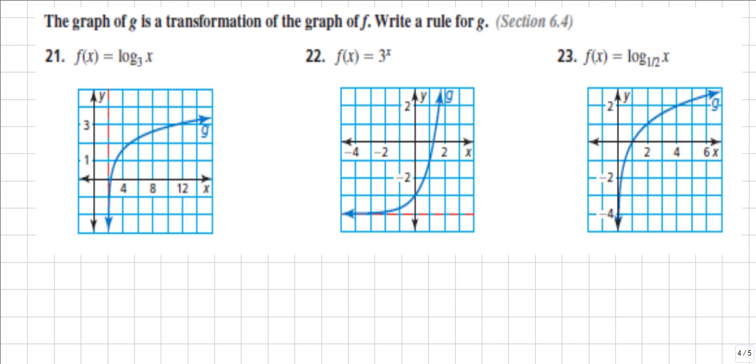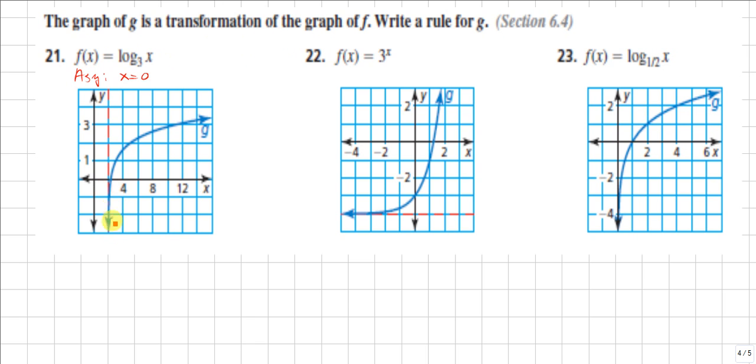So let's look at 21. For the next one, they give us an equation of a parent, and they want us to find the equation of the shifted graph. Let's take a look at this. For the parent, the asymptote is going to be at x equals 0. So we can figure out what the h value is by seeing where the asymptote went.